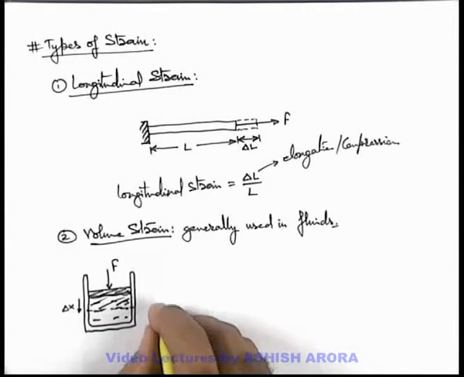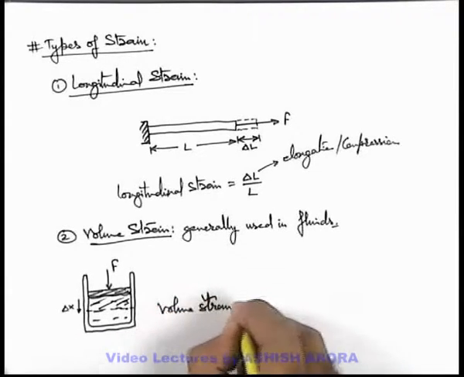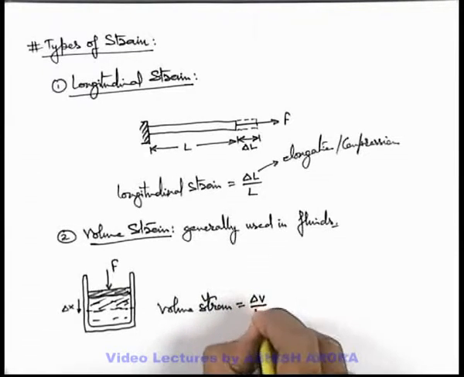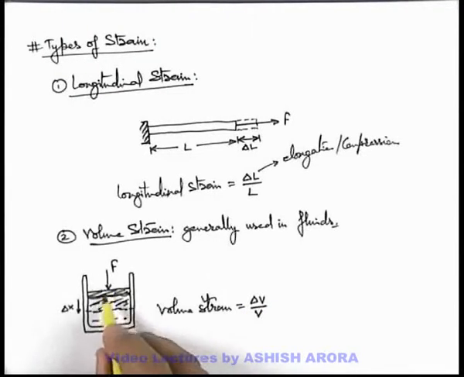So in this situation, the volume strain of this fluid can be written as delta V by V, where V is the initial original volume of the fluid and delta V is the decrease in volume due to the applied pressure, excess pressure or the external deforming force.